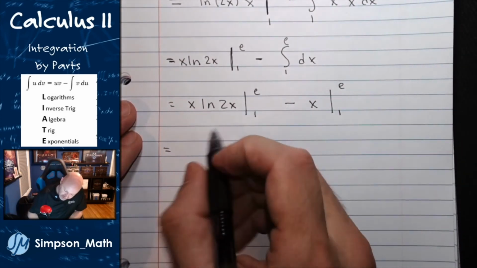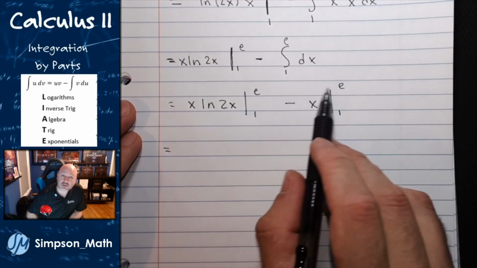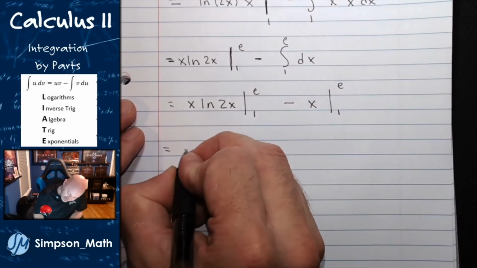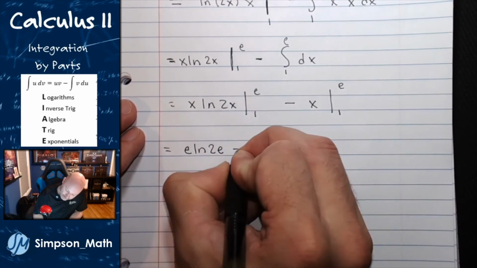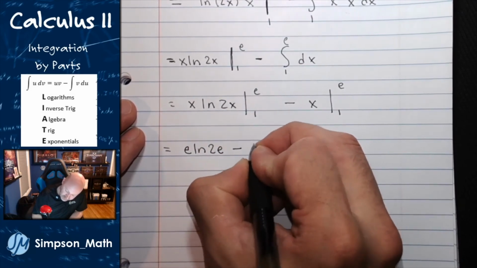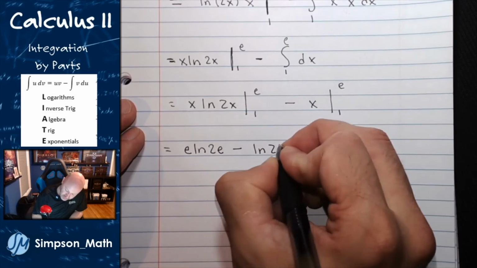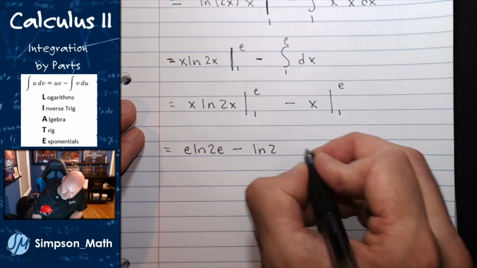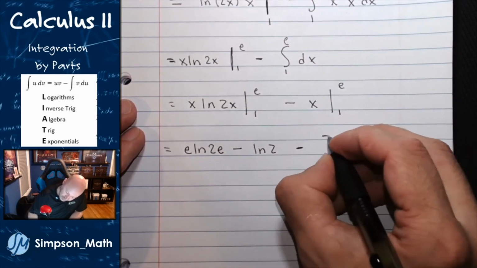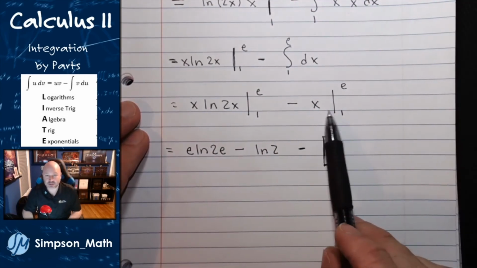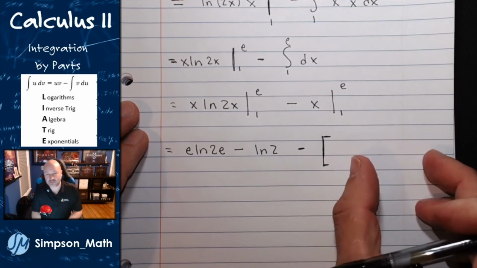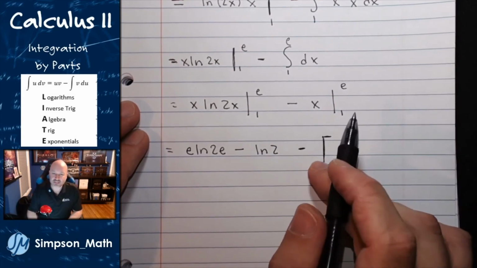I'll just now shove in my upper limit of integration. So I have e times the natural log of 2e minus 1 times the natural log of 2 times 1, minus, now this single term is about to become a difference. So emphasis on the parentheses.